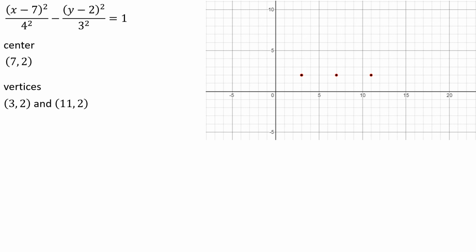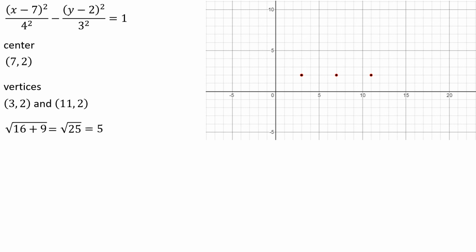Now, for the foci, I've got to figure out the value of c. So this time we add, right? Again, I'm not adding 4 plus 3. I'm doing the 4 squared plus 3 squared. So I'm actually adding the 16 and the 9. 16 plus 9 is 25.